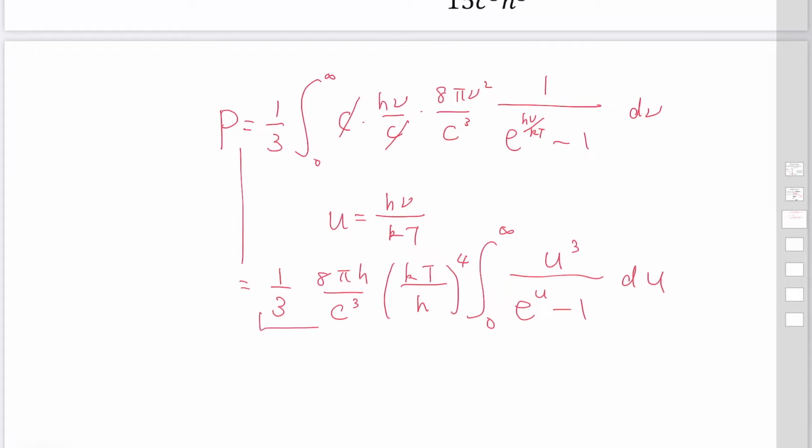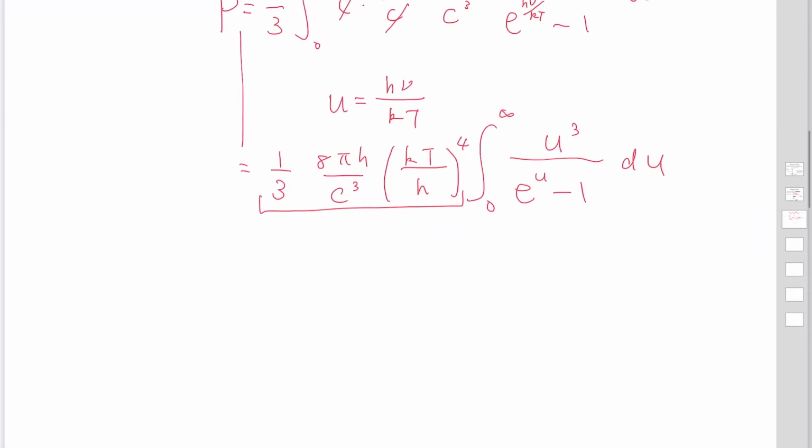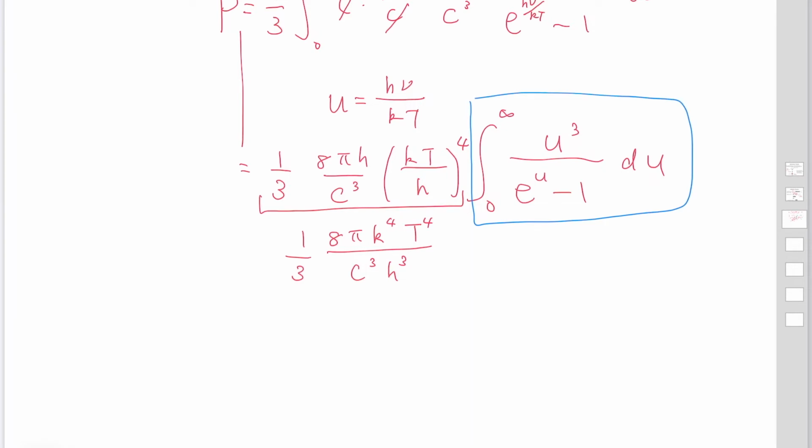So this constant part is expressed as 1 over 3, 8 pi k to the fourth T to the fourth over c cubed h cubed. The question is to perform this integral.